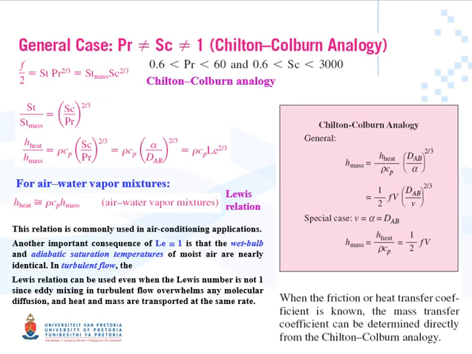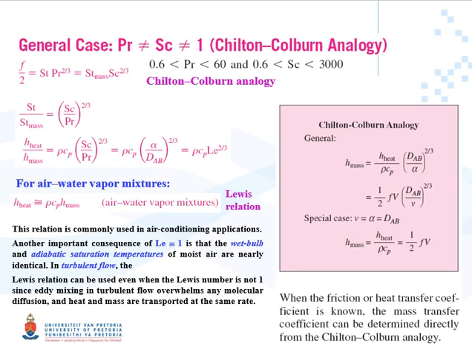But the second analogy that was very important for us was the Chilton-Colburn analogy, and it's a bit of an extension of Reynolds analogy, when Prandtl is equal to 1 and Schmidt is equal to 1. We wanted to see how we can extend it.